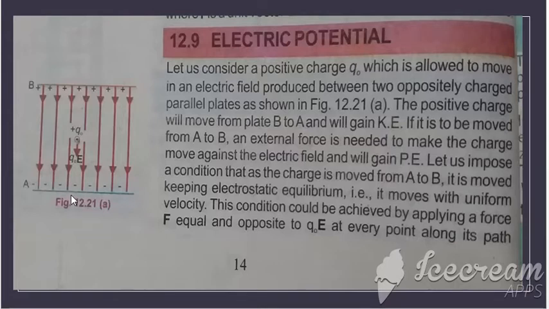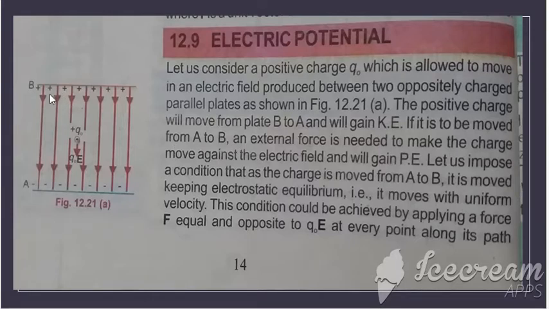Now, if we reverse the condition, if we let this charge move from A to B, it is a positive charge and we are letting it move towards B, which is also positively charged.